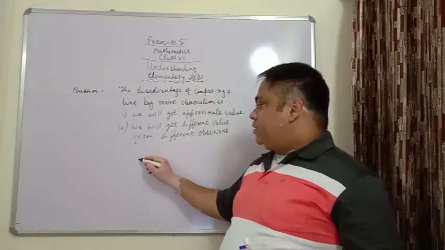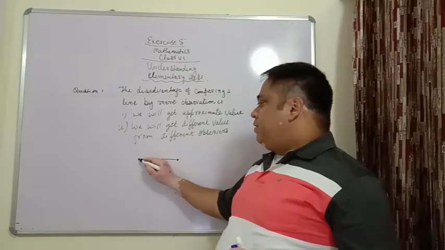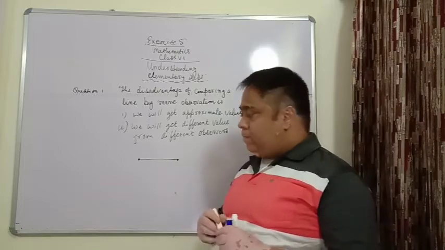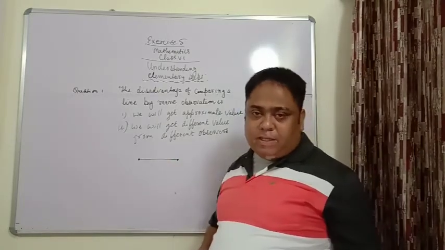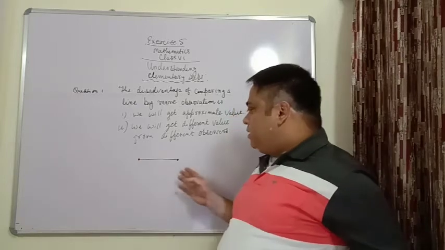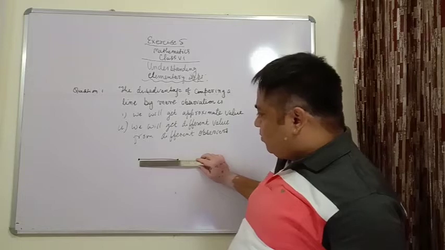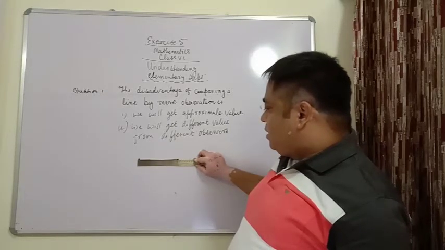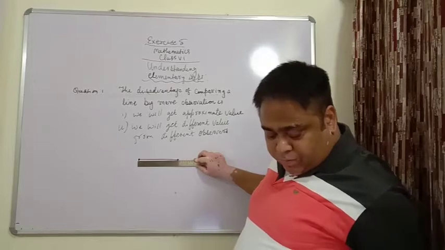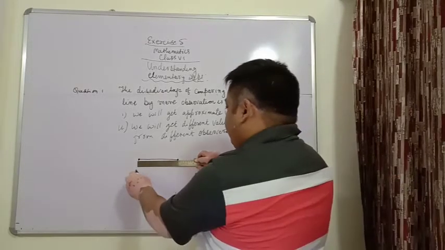segment. Say for example, if I draw a line segment like this, and if I say that this is 6 centimeter long, just by observing, will it be 6 centimeter? It may not be 6 centimeter. So I am approximating it is 6 centimeter. But if I measure it with the help of a scale, then see, it is not 6 centimeter, it is 16 centimeter. So I was making such a big mistake. So 6 centimeter will be only this much.